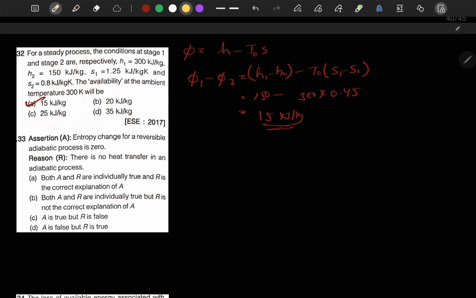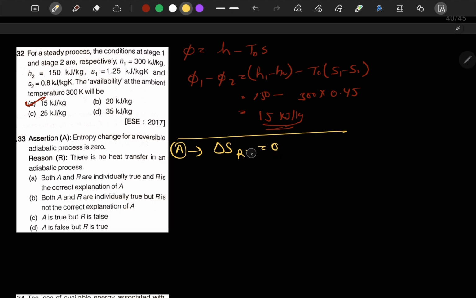Now if we move to question number 33, it is mentioned that entropy change for a reversible adiabatic process is 0. In statement A, it is mentioned that entropy change for a reversible adiabatic process is equal to 0. This is absolutely correct.